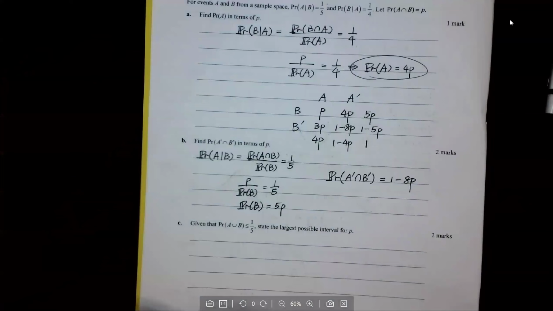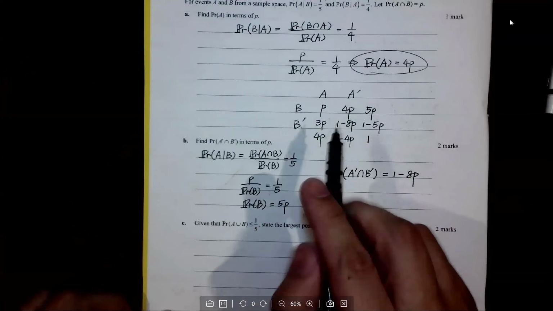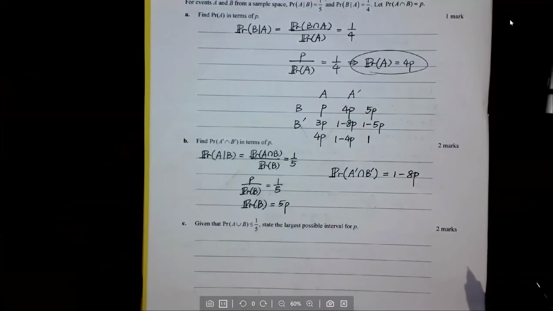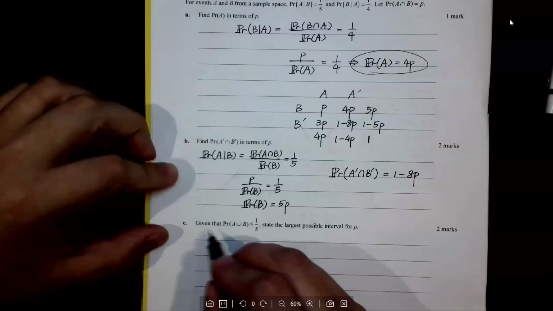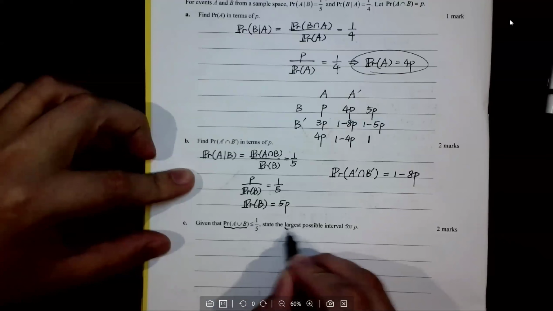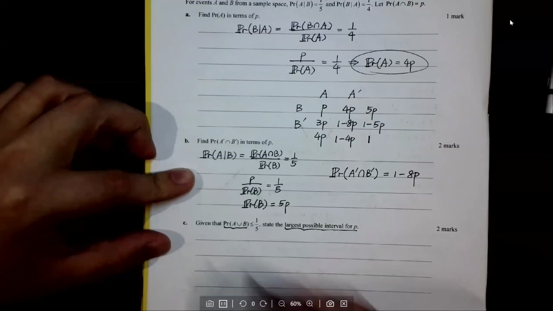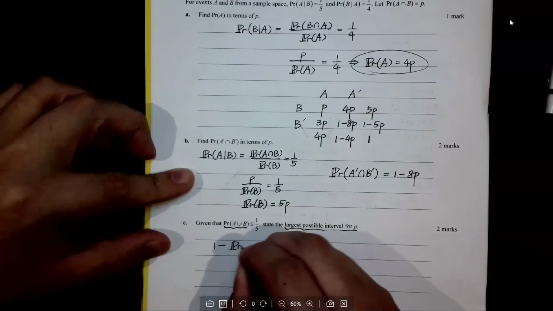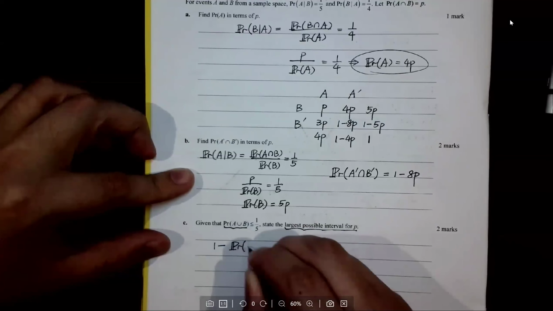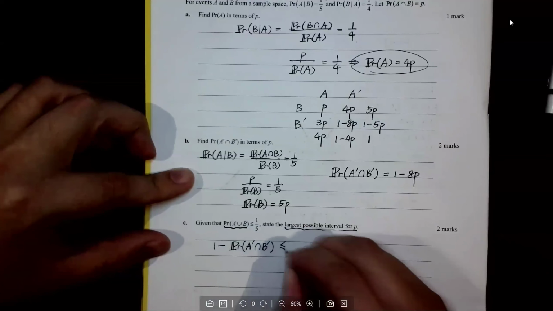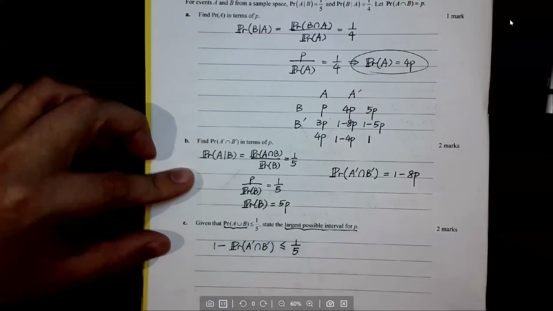Alternatively, you might want to use other methods, but here I think the Venn diagram or color map will be the most suitable way. And finally, if probability A union B is less than or equal to 1/5, we want to state the largest possible interval for P. So think about the opposite: 1 minus probability A dash intersecting B dash is less than or equal to 1 over 5.